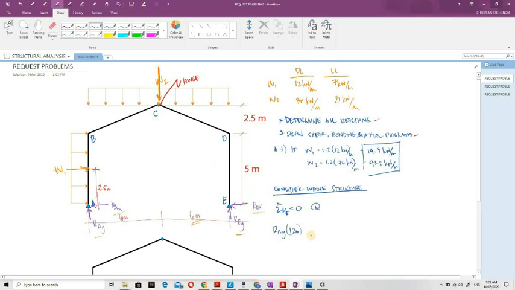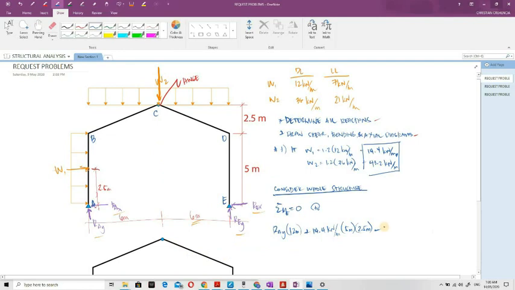W1 has the value 14.4, so plus, because it is also clockwise, 14.4 kilonewton per meter multiplied by the span of 5 meters. Then our moment arm is 2.5, half of 5 meters. Then W2: its resultant is of course at its middle, acting at point C or the middle of our structure. This will cause a counterclockwise moment, so we will use minus now.